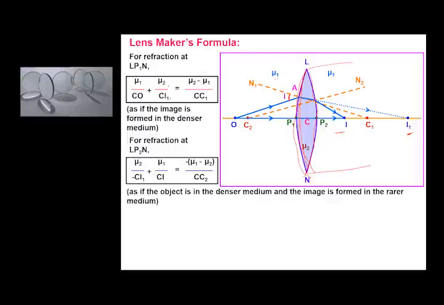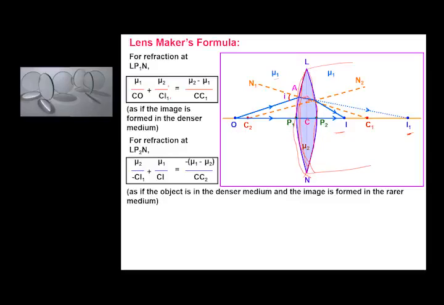Consider mu2 by CI1 plus mu1 by CI. This is the object distance, but in this refractive medium. Light is traveling in this medium, which means it is in a denser medium and moving outside.